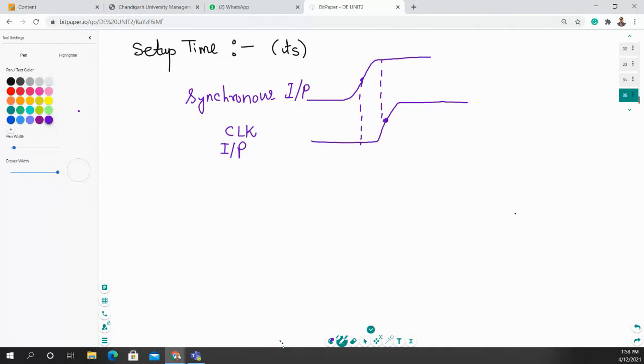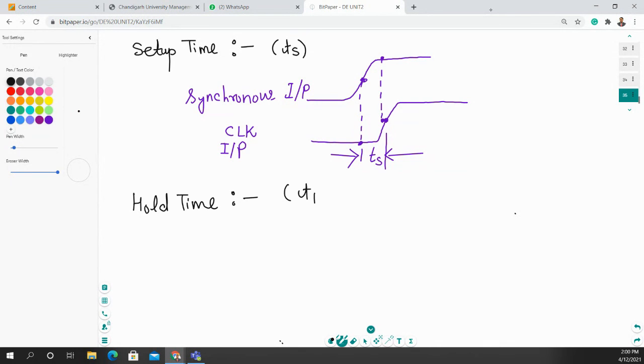Okay, this particular point, when it starts from this point, this clock signal is provided, you have provided the input signal as a synchronous input, and you have provided this clock pulse at this point. So when this particular signal moves from this point to this point, this is called a setup time. Okay, this is your setup time, and we can represent this setup time as TS.